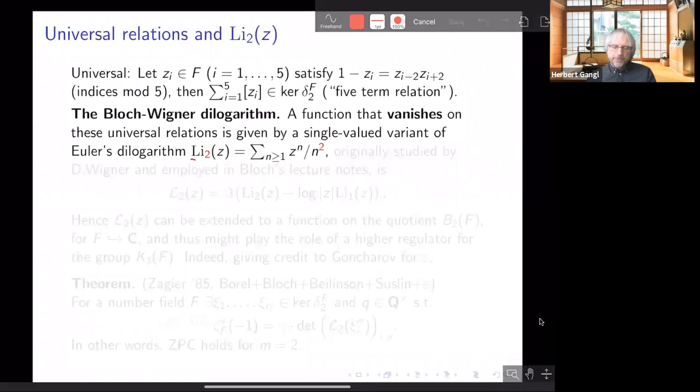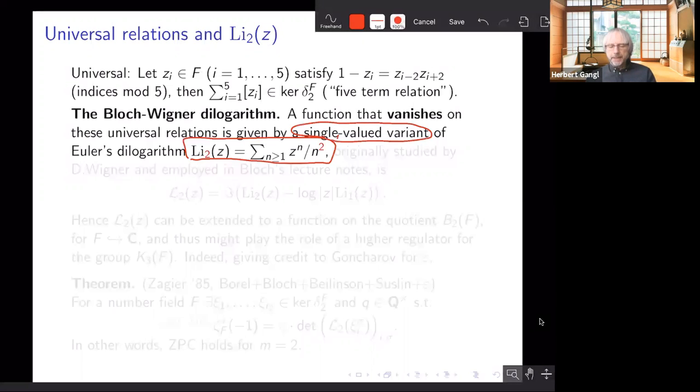Euler's dilogarithm function is simply the power series expansion in the unit disk, which one can then extend to a multivalued function in the whole complex plane, with a few exceptional points, but which can be made sense of. And we take a single valued variant of this.